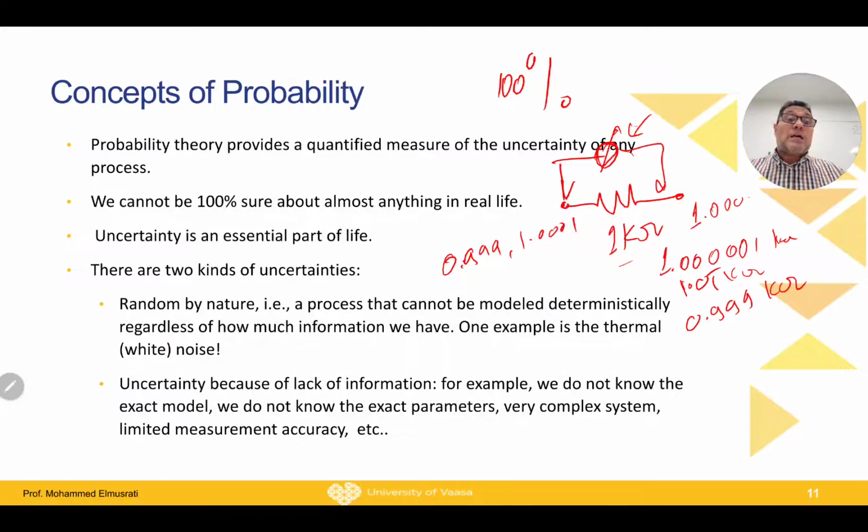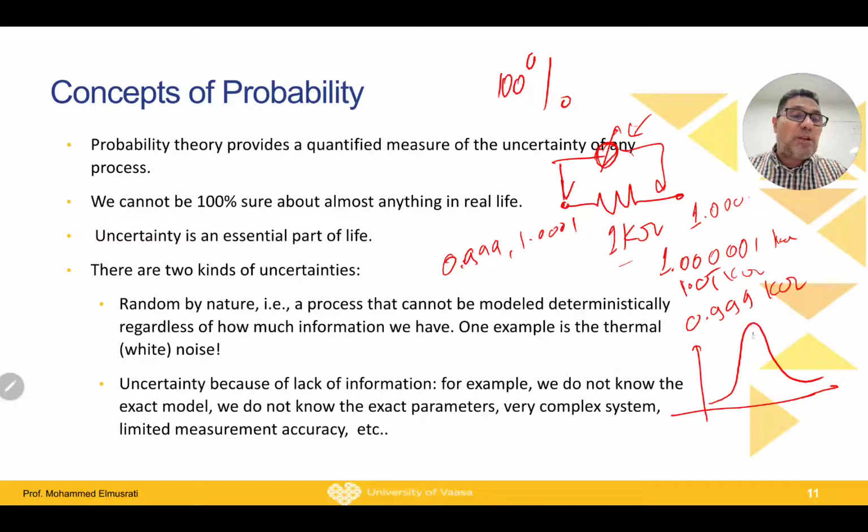Okay, so now we have this resistance which has some uncertainty, and we can represent this resistance, for example, as a Gaussian distribution, and in this case it can be something like that. So this is actually the probability density function representing the uncertainties, or representing how the value of this resistance might change.